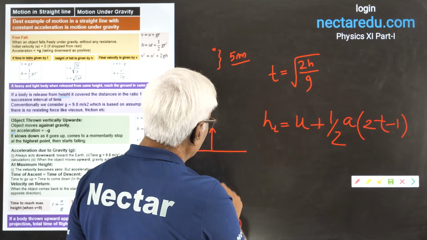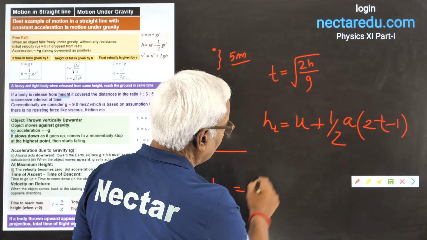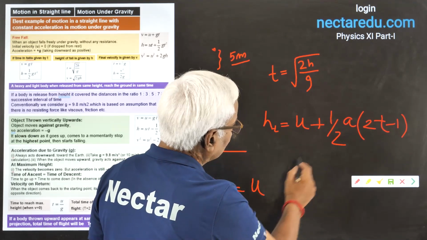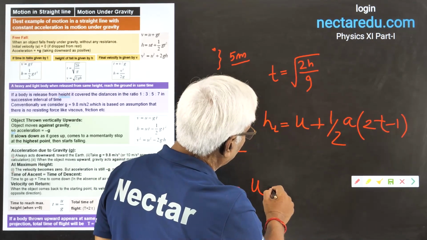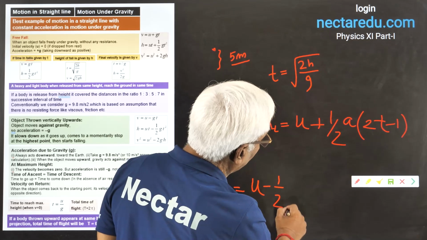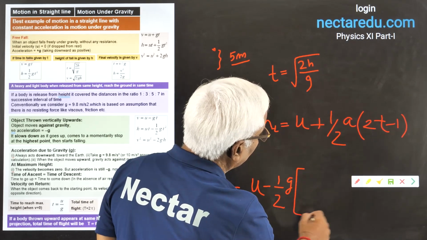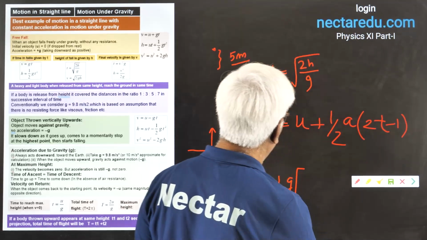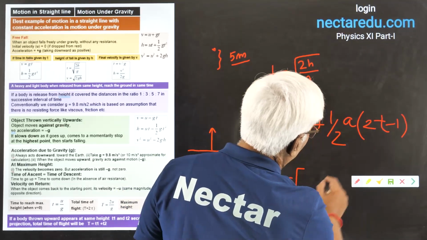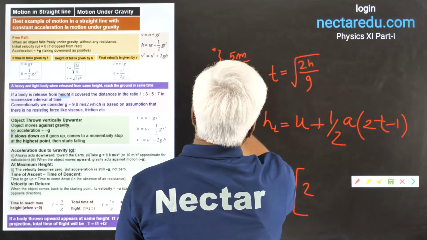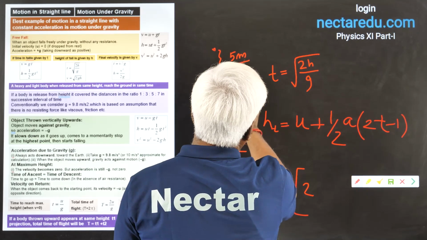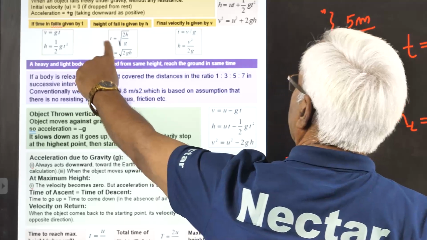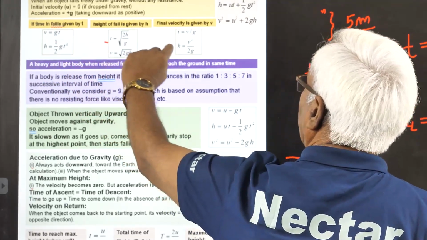The body is thrown upward with velocity u. This should be g minus half g. And what is the time in going upward? This t is equal to u upon g, by the relation t equal to v upon g.